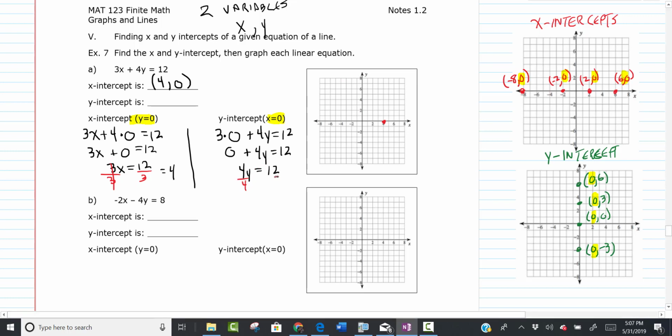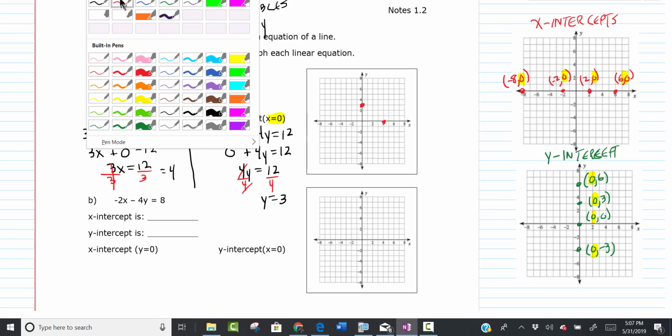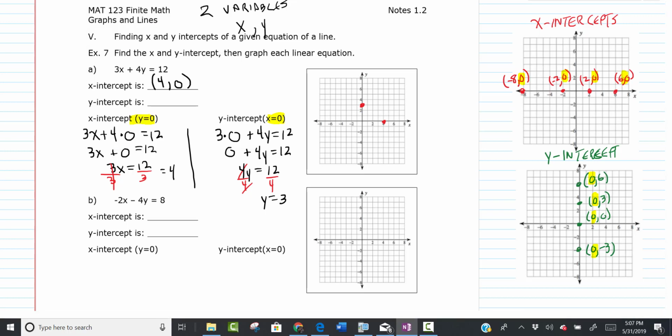You would get y is equal to 3. Then you just plot that point there. Then we take a line, connect those two dots, and you've got a good graph. So that's the graph of that line.